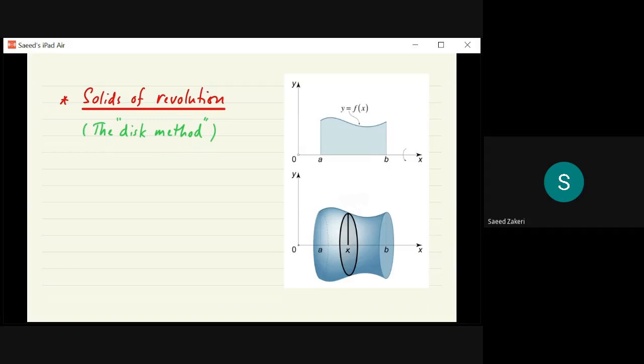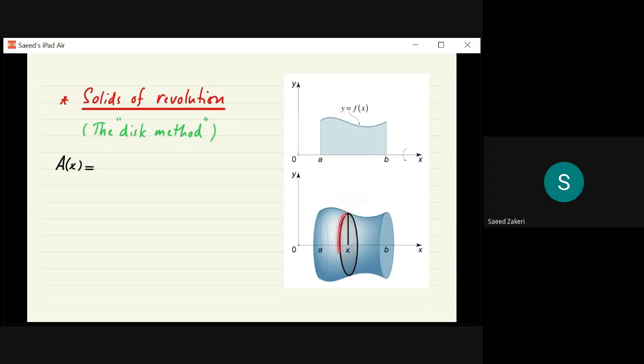What would be the cross-sectional area in this case? If you cut above some x, because this solid is obtained by revolving, the cross-section will be just a round circle. It would be a round disk, as a matter of fact. That's why this is called the disk method. So A(x) is the area of this cross-section made over x.